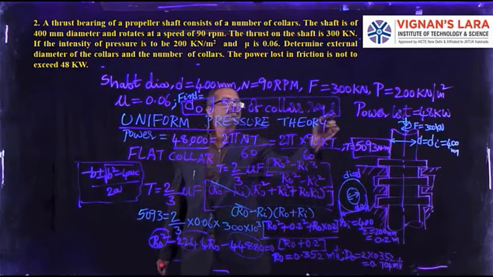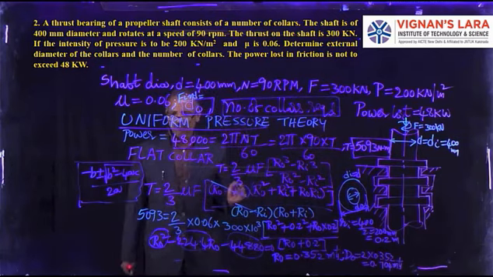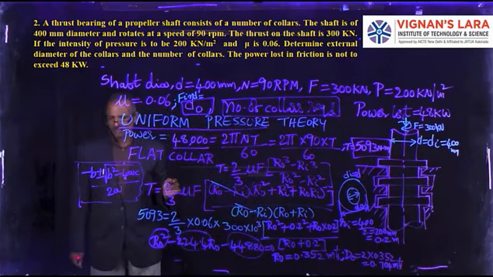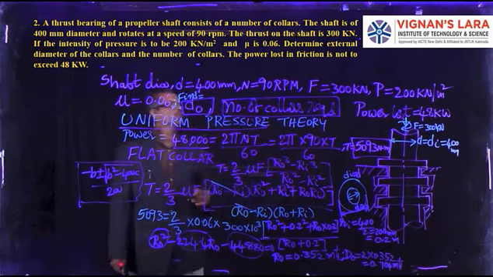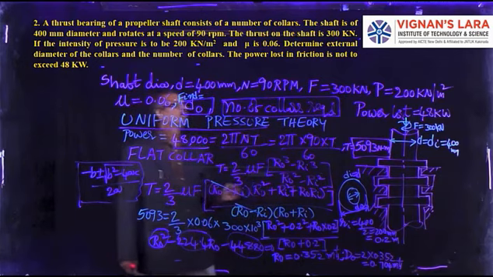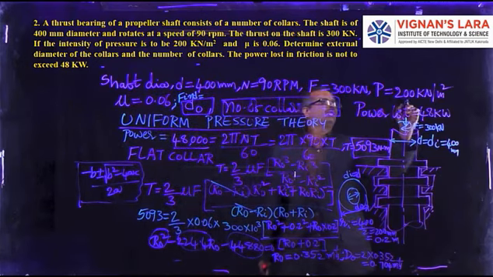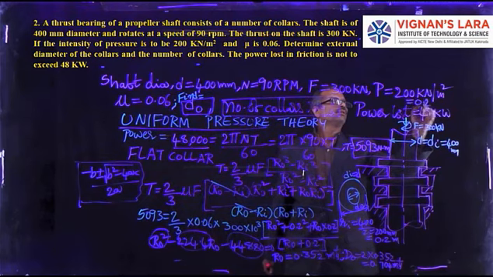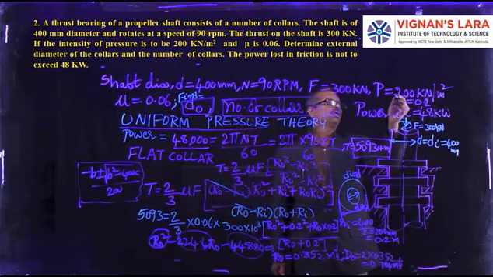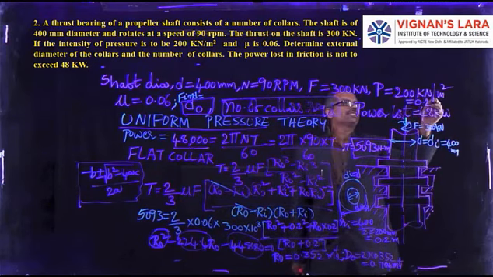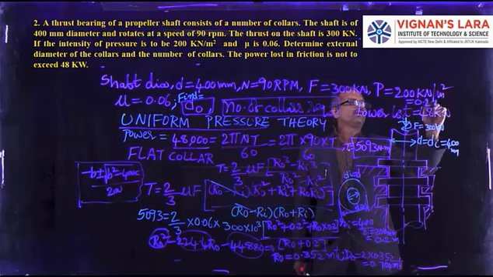Number of collars required. How to get the number of collars required? It is as simple as, because you have the pressure with you, that is 200 kilonewtons per meter square, which is nothing but 0.2. If I write kilonewton per meter square, like kilo 10 power 3, and here 0.2, then 10 power 6. So this will become megapascal.